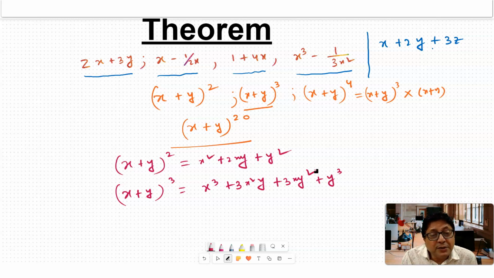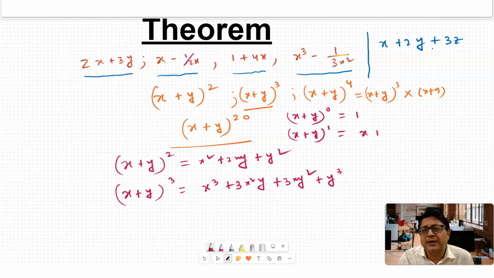So, if you have started with expansion of say x plus y to the power 0, what will you get? This was 1. If it was x plus y to the power 1, this will give us just x plus y. Here the coefficient is 1. Here you got two coefficients, 1 and 1.